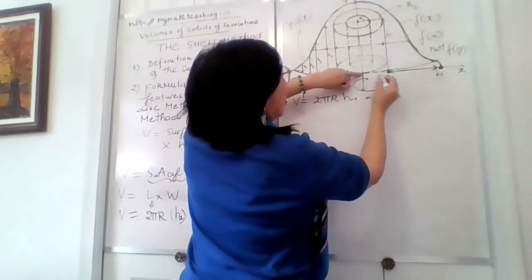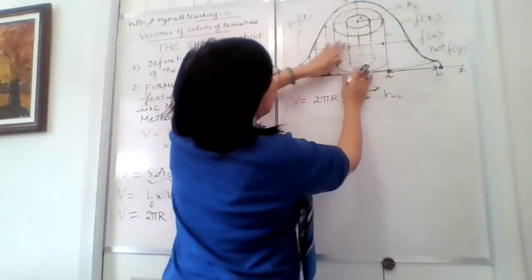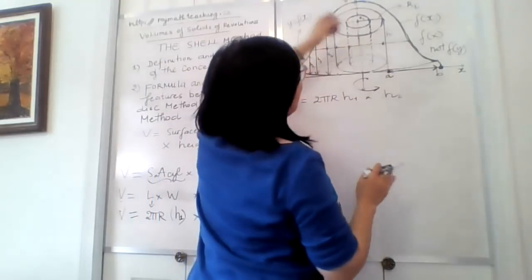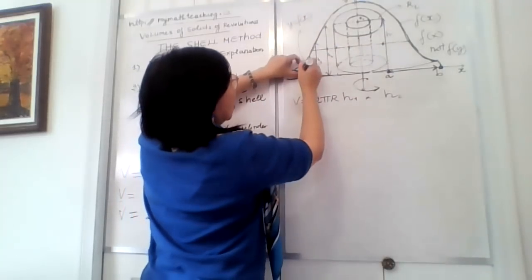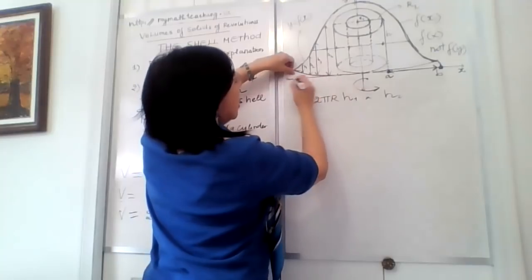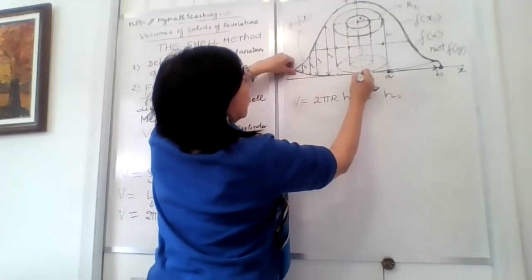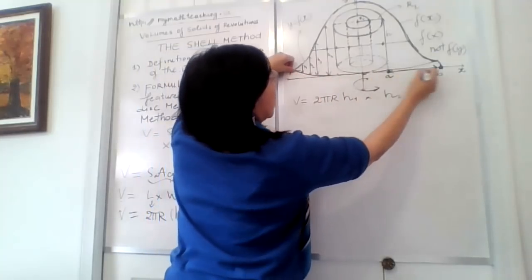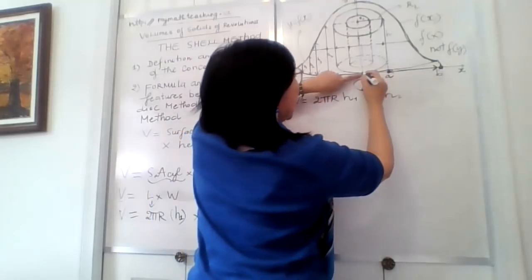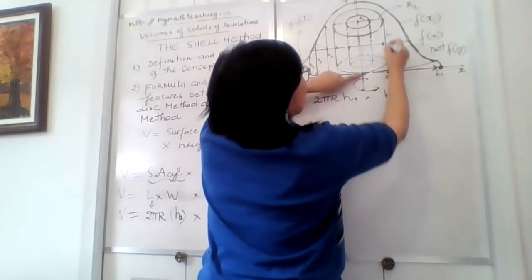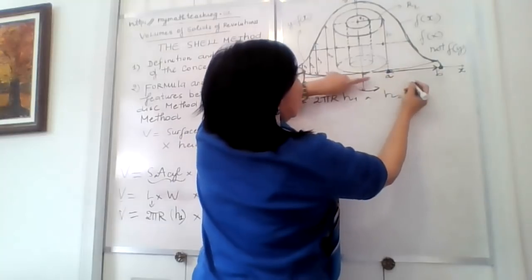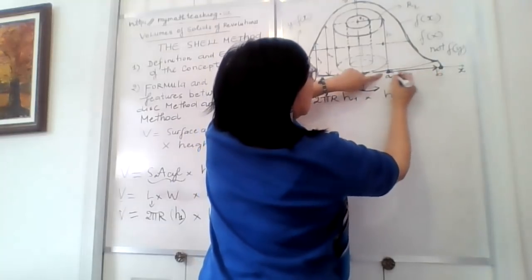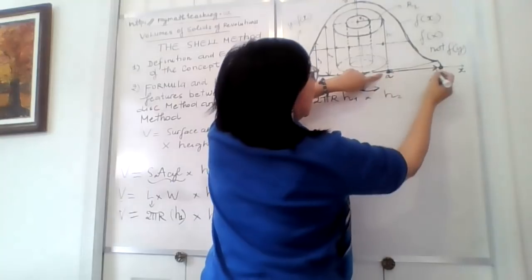Now, you also realize maybe I'm talking about the left one, not the right one, because I drew it here. So the radius from here to here is the same as the radius from here to here, right? And for the radius, I mark from here to here. And actually, the interval we're going to revolve is a to b.